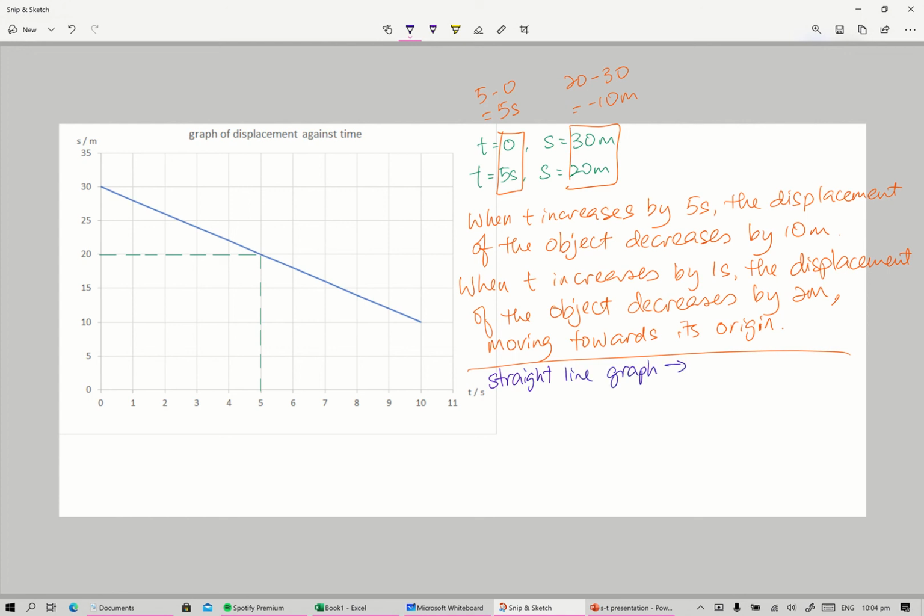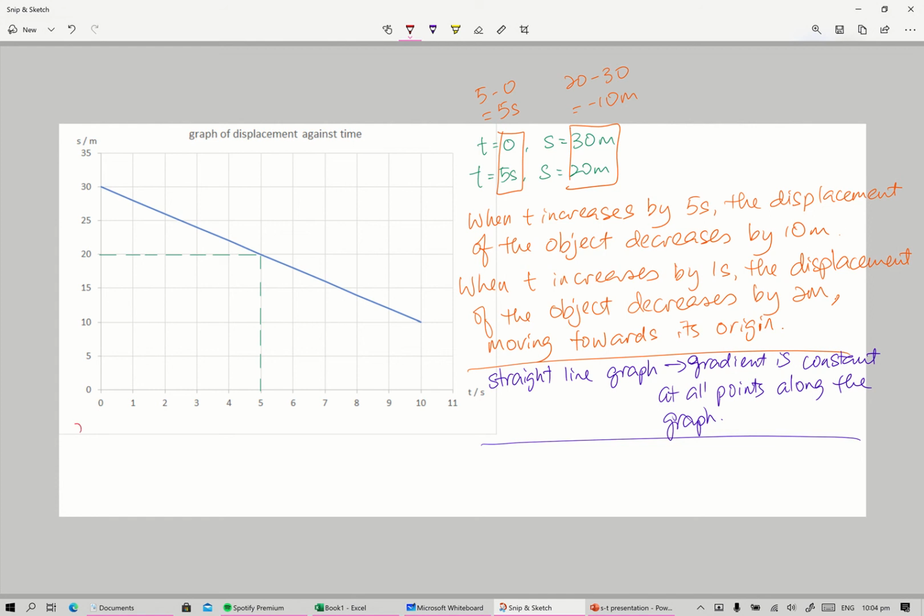Okay, so that means the gradient is constant at all points along the graph. Right, the gradient is constant at all points along the graph. Okay, and let me show you a quick one to show you how it is constant.